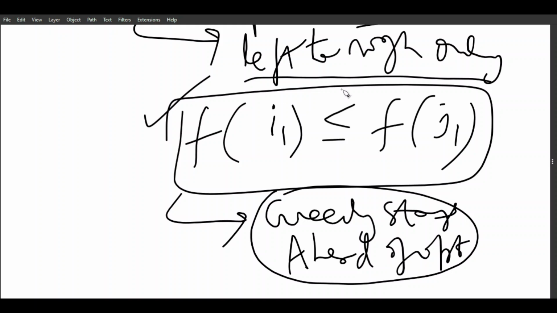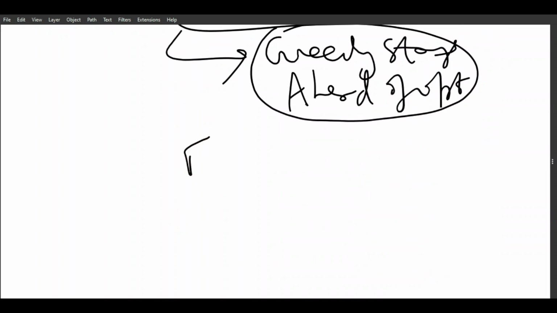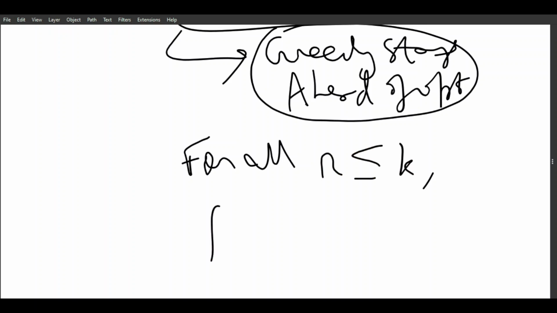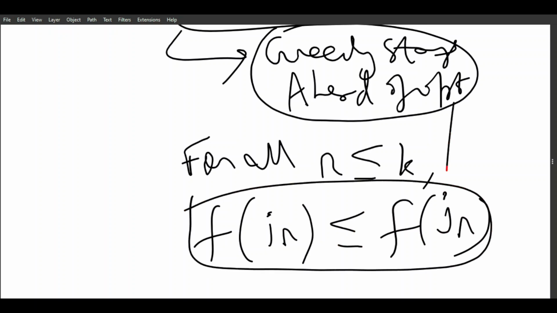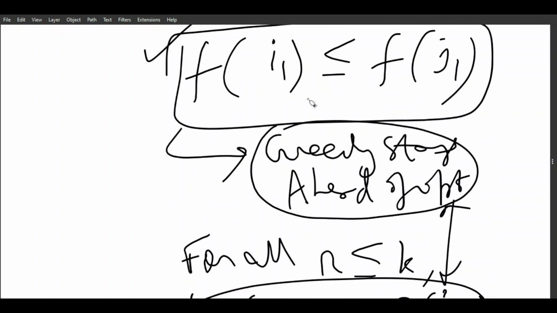Now we'll generalize this by induction: for all r less than or equal to k, the finish time of Ir is at most the finish time of Jr. This is the idea behind greedy stays ahead, meaning our algorithm's rth interval finishes before the rth interval of any other solution. The basis case is already proved because of the design of our greedy algorithm.